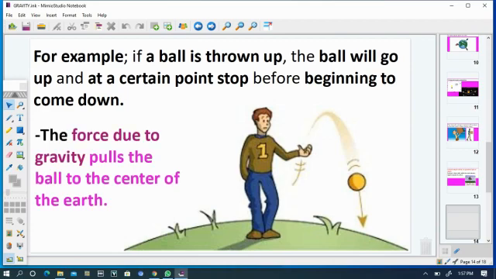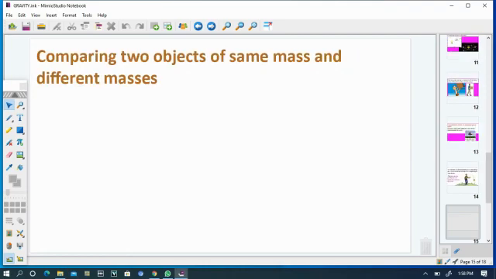This is because the force due to gravity pulls the ball to the center of the earth, and the earth is bigger than the ball, and it exerts a greater pull on the ball and attracts it towards the center of its gravitational field.